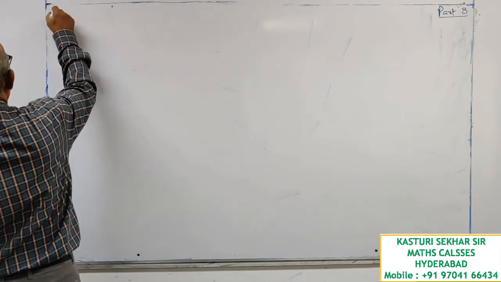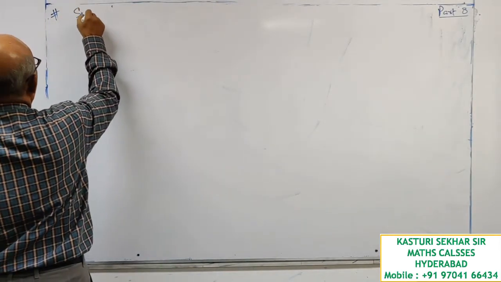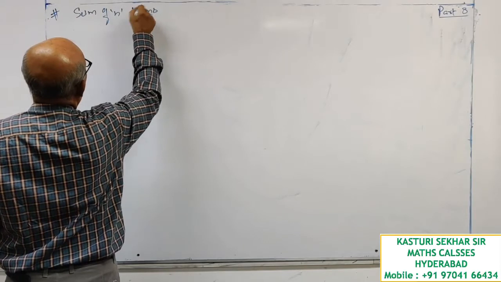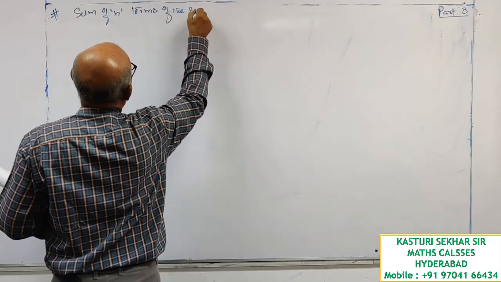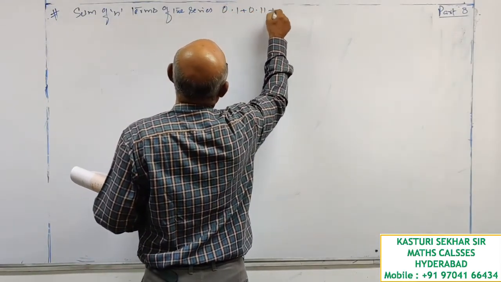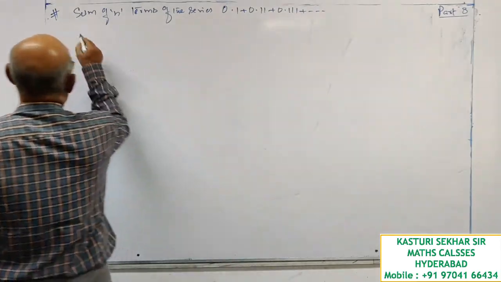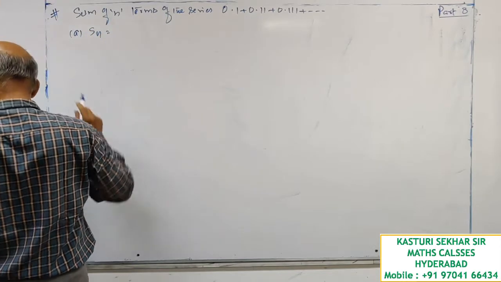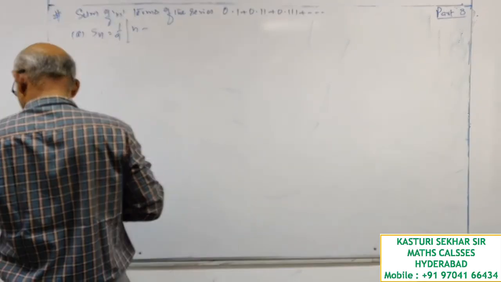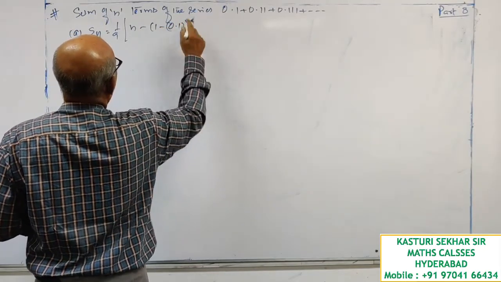Next one. Sum of n terms of the series 0.1, etc. Option A, Sn is equal to 1 by 9 within the brackets n minus 1 minus 0.1 whole power n.